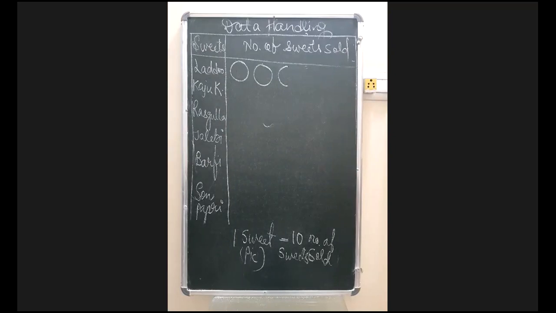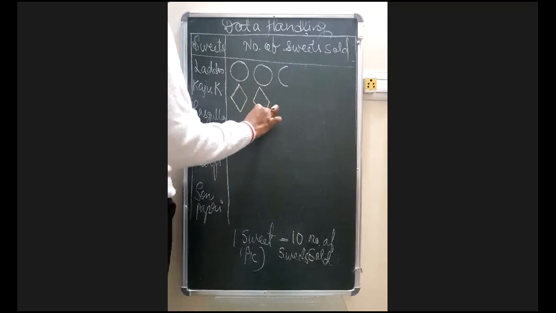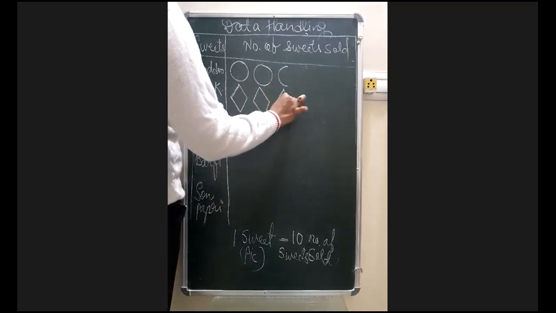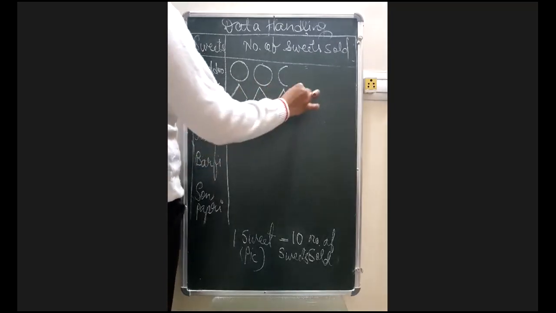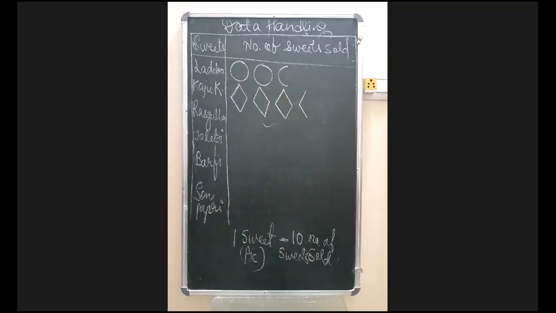Now talking about Kaju Katli, everyone knows that Kaju Katli always has the shape of a rhombus. I think it was 35. So we are taking 1, that is 10 now. Now this is 20. This is 30. And this is 40, 35.